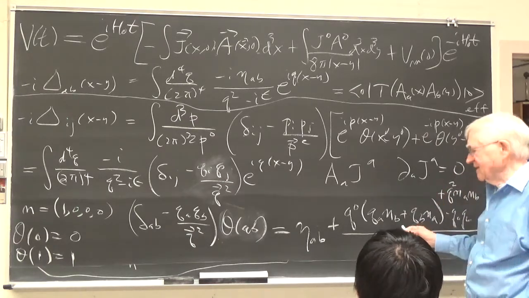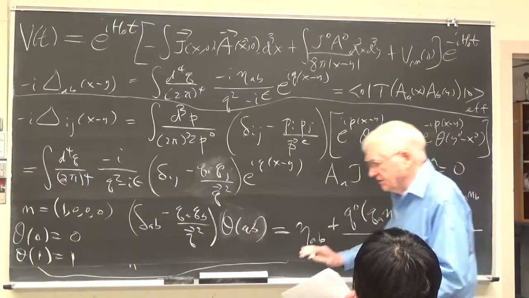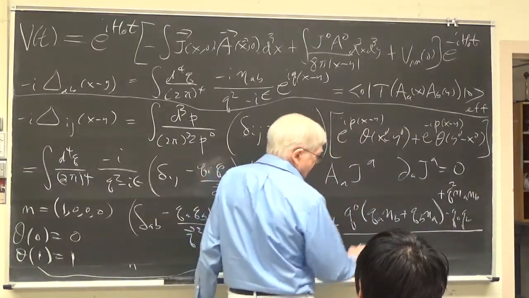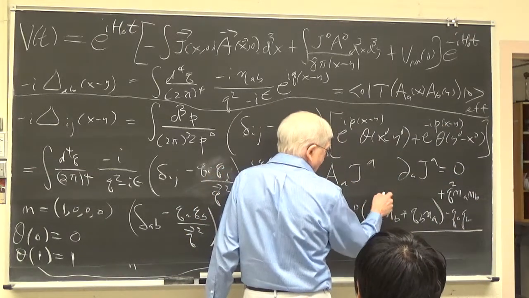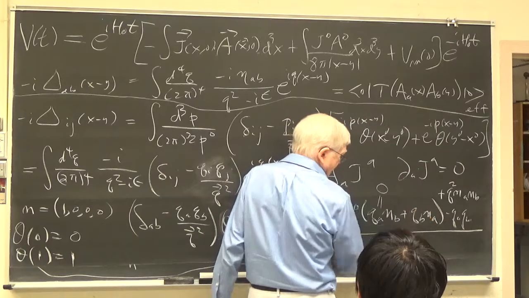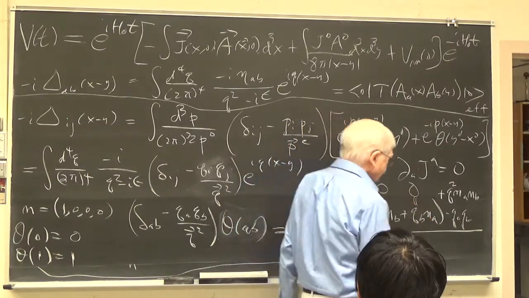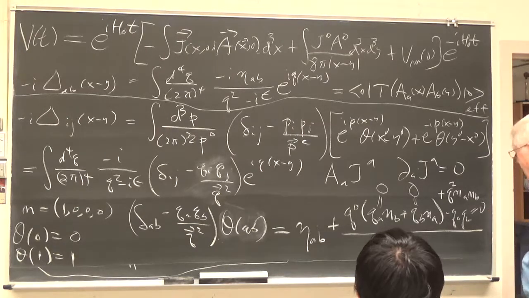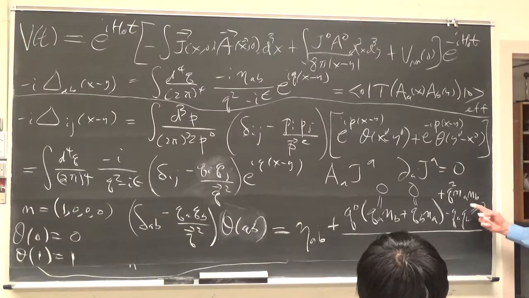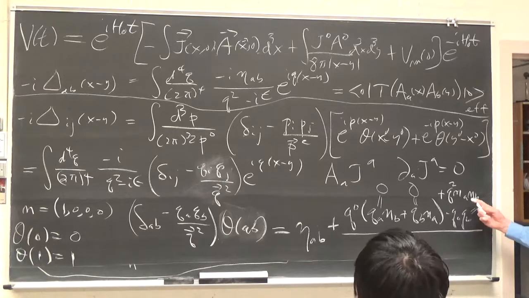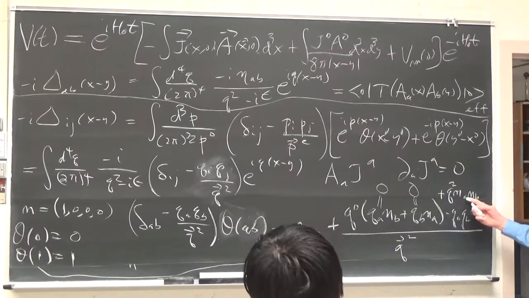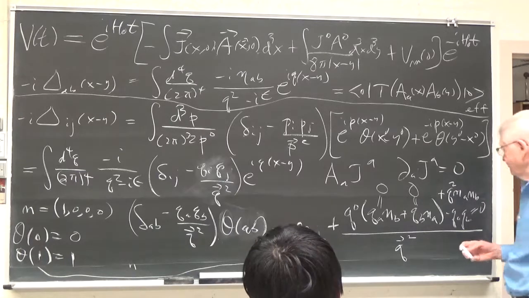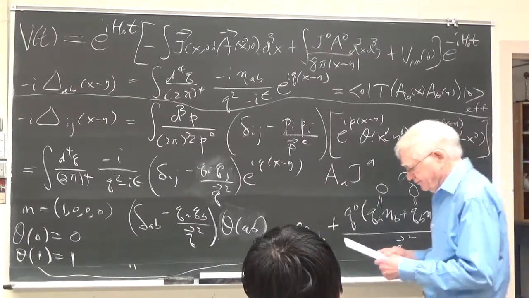So if you use this to calculate S matrix elements, this one gives us a 0, this one gives us a 0, this one gives us 0 squared, and we're left with this one. But this one only works for both of them equal to 0. Now what happens to that one?